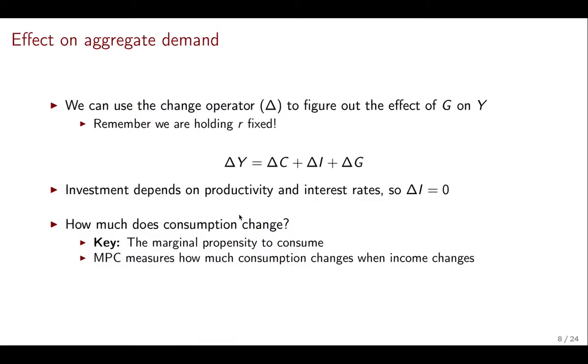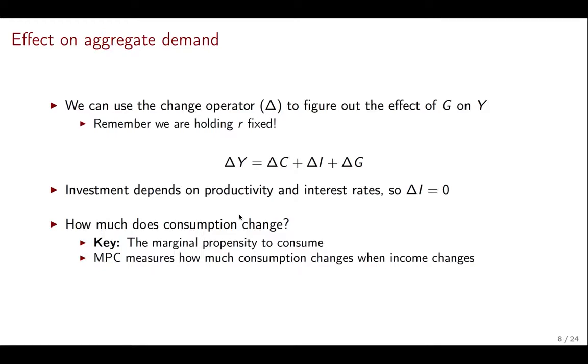Now, the key question here is, how much does consumption change? And the key to answering this question is to focus on the marginal propensity to consume. Remember, the MPC, or marginal propensity to consume, measures how much consumption changes when income changes. And that's exactly the thing we want to know.